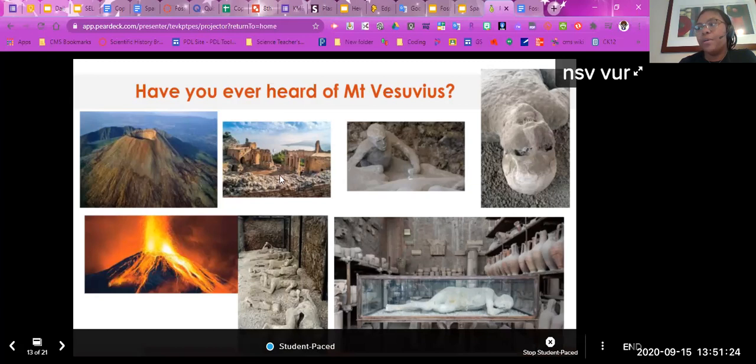A lot of them were covered in lava, but like I said, they ended up digging them out and were able to still see some of them. These are actual casts of people's bodies that were actually in the, well, not the explosion, but the eruption. Yeah, it is tough.